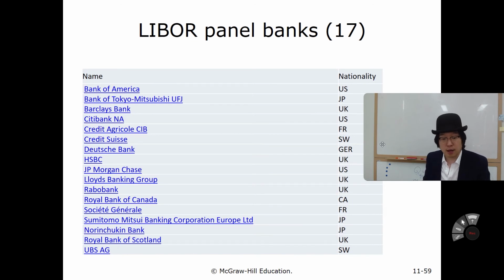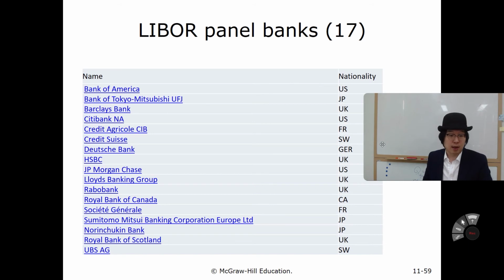And then Deutsche Bank, right? Of course, they have to be there. HSBC, a UK bank. Of course, the name is misleading. Hong Kong, Shanghai, right? Not a Chinese bank. A British bank. And JP Morgan Chase, US bank. Yes. Lloyds Banking Group, yeah, it's there.